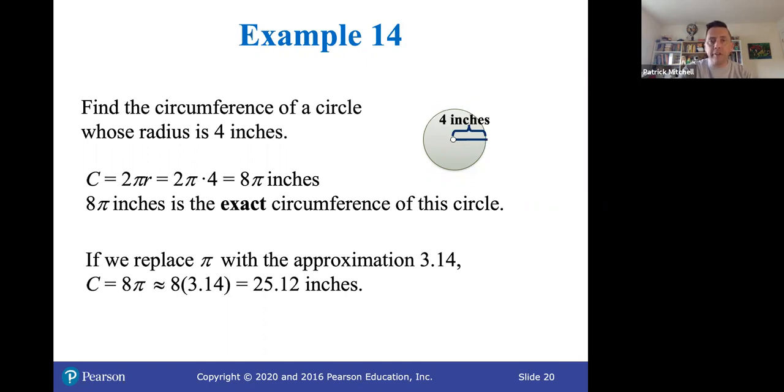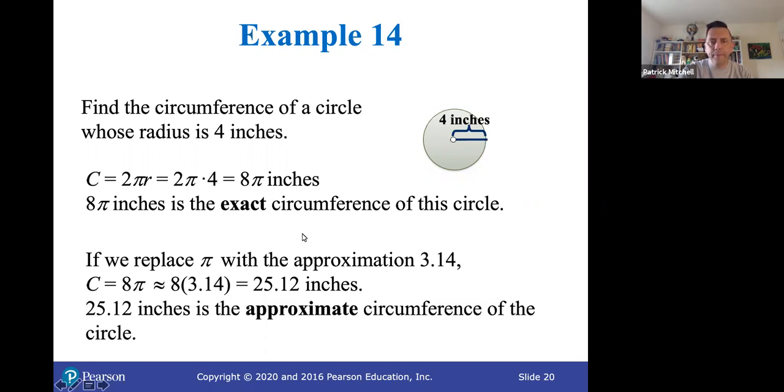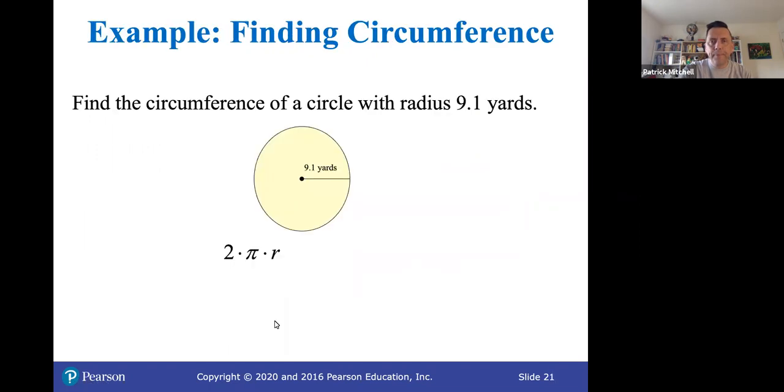And other times they'll just ask you to leave the exact answer like 8 pi. Okay. All right, here's one for you to try. Pause the video, and then when you're ready, we'll compare notes.